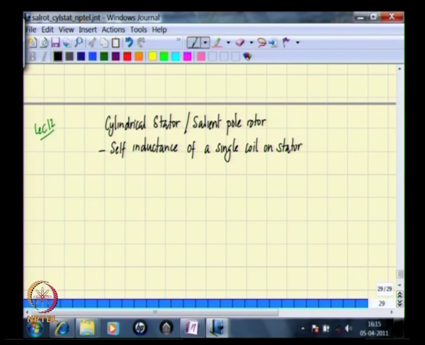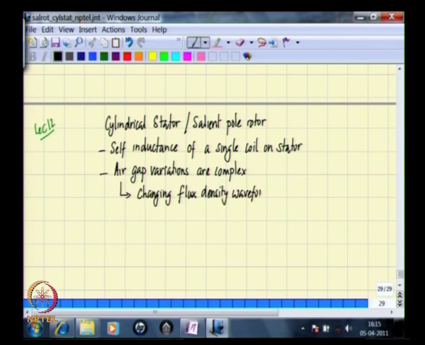We found that this task is rendered difficult because the air gap variations are complex, which therefore give rise to a changing flux density waveform as the rotor is going to rotate, which therefore means that we will not be able to get an expression for the flux density waveform unlike the earlier cases and then do an integration, because every instant the flux density waveform is different.